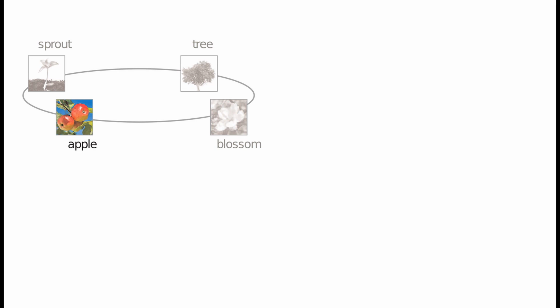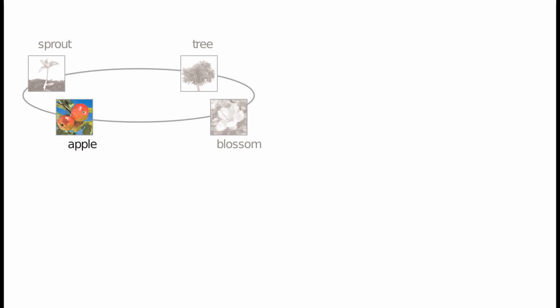In addition to the 4 processes shown here, this apple cycle also includes the transitions between the processes. For example, if I look now more closely at the transition from blossom to apple, it becomes clear that the apple can only emerge when the blossom is no longer there.